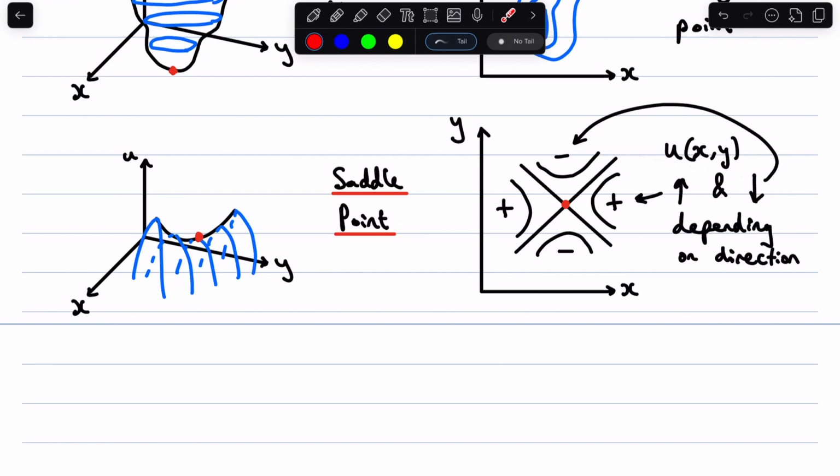In one direction, going up this side of the function, we're increasing the value of u, but going off the side of it, we're having a decrease in value, in these directions. Therefore, it's a saddle point because it can increase or decrease depending on the direction that we take.